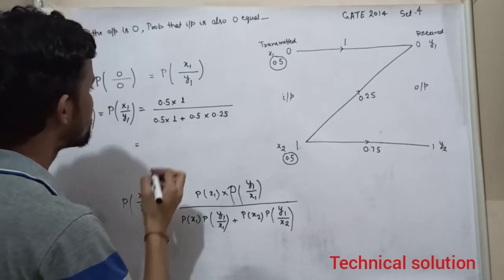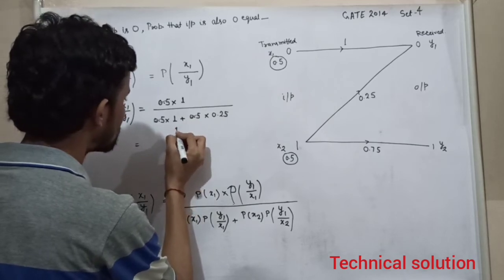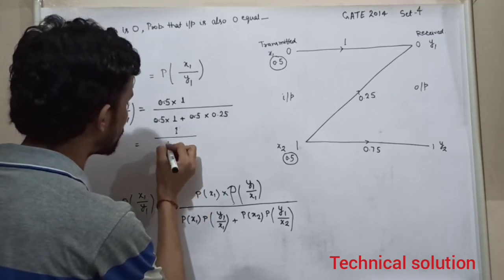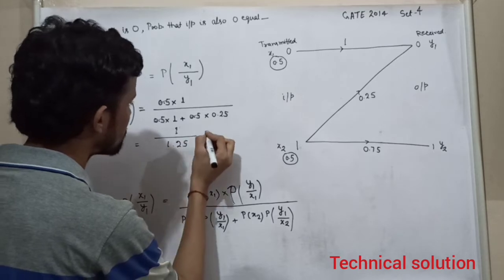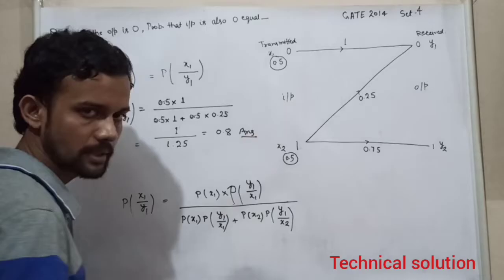By solving, 0.5 is cancelled out and we get 1 divided by 1 plus 0.25, equal to 0.8. Answer.